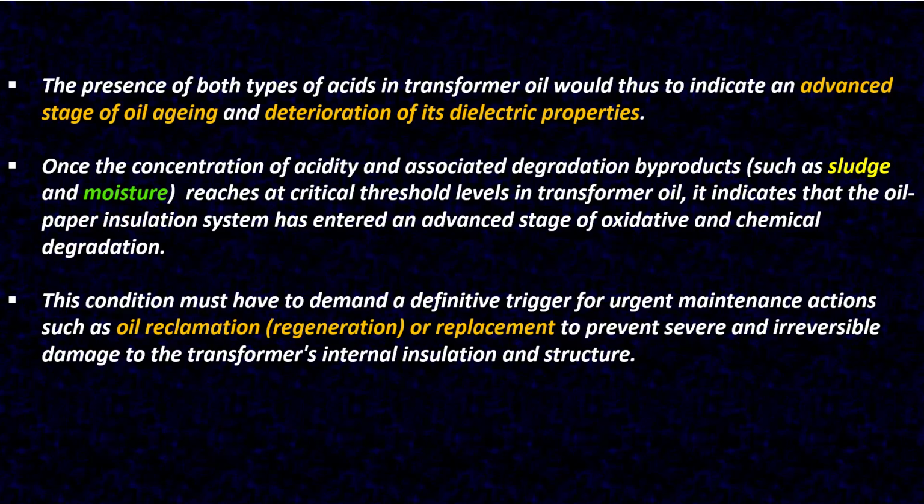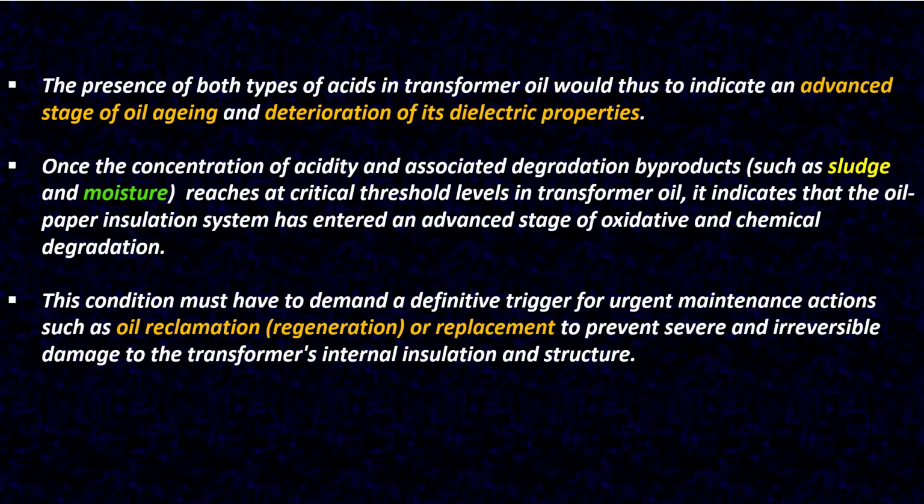Once the concentration of acidity and associated degradation byproducts such as sludge and moisture reaches critical threshold levels in transformer oil, it indicates that the oil paper insulation system has entered an advanced stage of oxidative and chemical degradation.